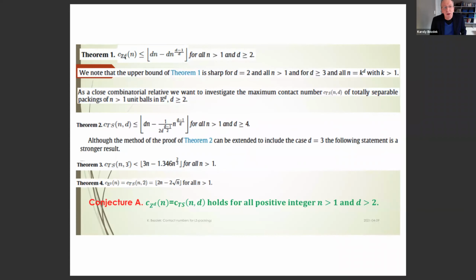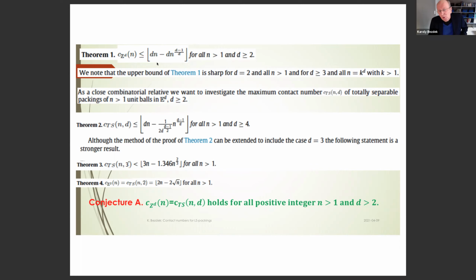In other words, we generate special totally separable packings of unit diameter balls having integer coordinates. The question is how large this contact number can be, and the formula is right here.